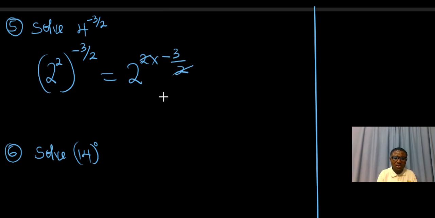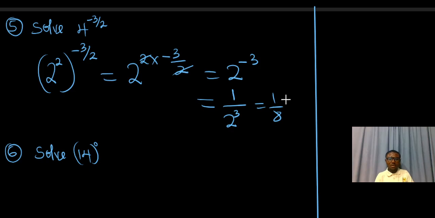This will cancel this, and we have 2 to the power of negative 3, and the final answer will become 1 over 2 to the power of 3, which is 1 over 8.